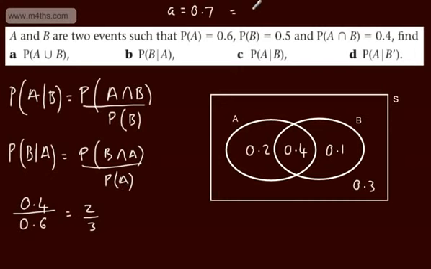So let's write that there, 2/3 or 0.6 recurring.